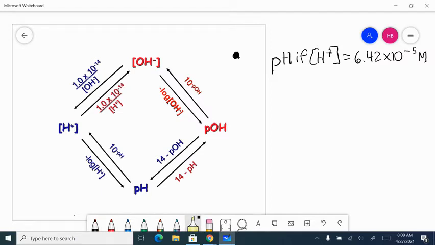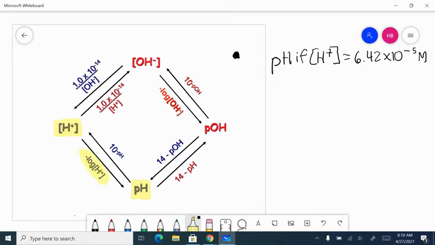So let me go to my equations. In this particular case, they gave me H plus, and they asked me to find pH. So I'm going to find the arrow that starts at H plus and ends at pH.